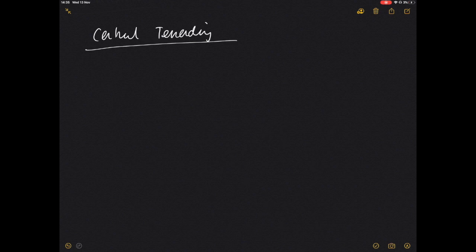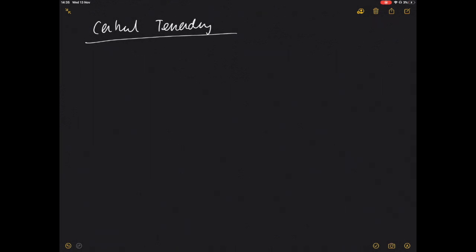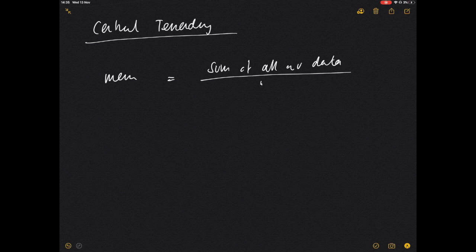The first way we do this, and one of the most powerful statistical tools, is the mean. The mean is found by taking the sum of all our data and dividing it by the total number of the data.